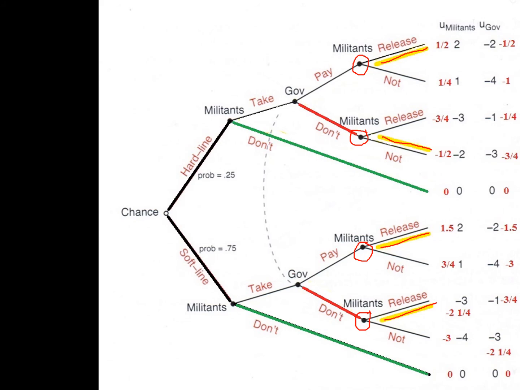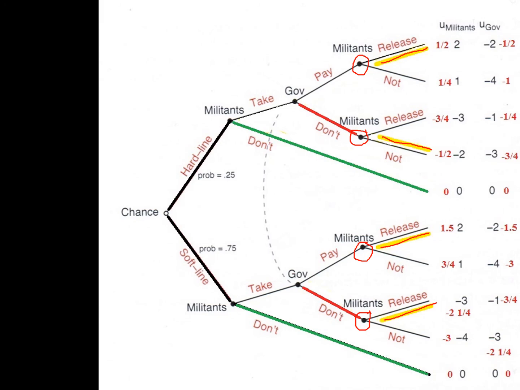The next set of choices go to the government. Now here we have an information set. That's the dashed line. The government has to combine their choices because the government doesn't know what kind of adversary they're dealing with. So we have to take a probability of both of the payoffs. The government payoffs have already been multiplied by 0.25 if they're associated with that part of the tree, or with 0.75 if they're associated with that part of the tree.